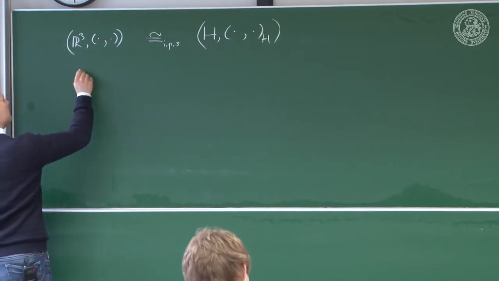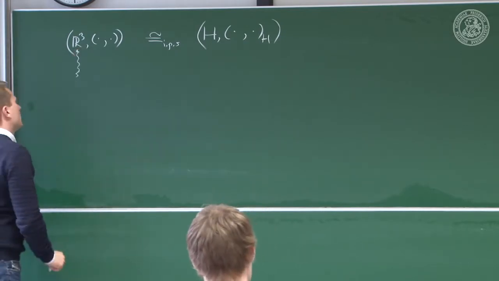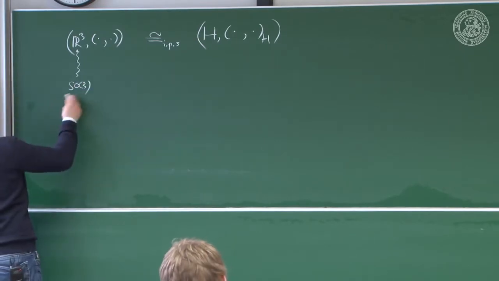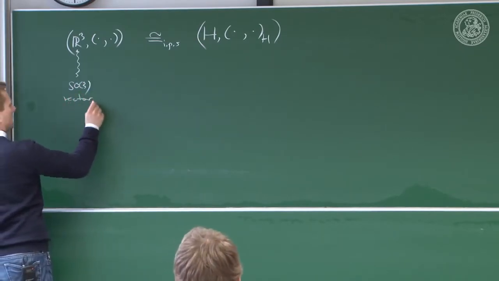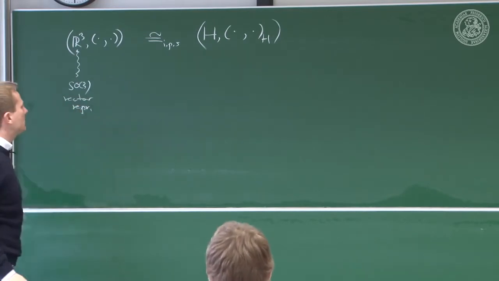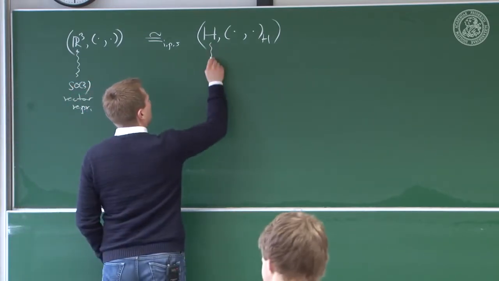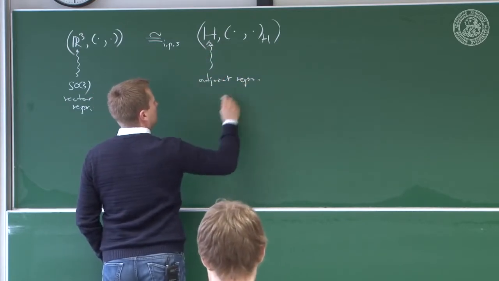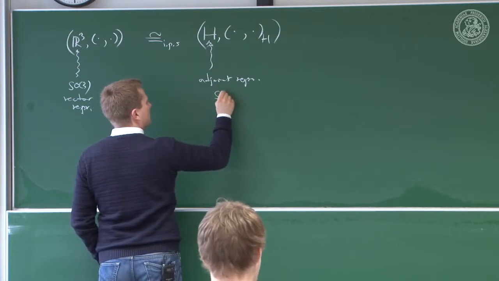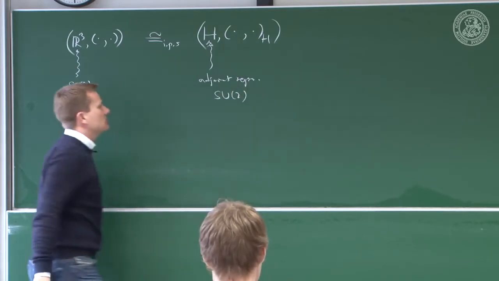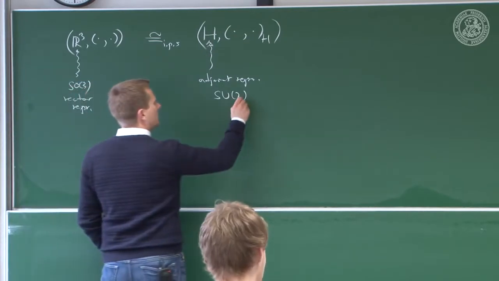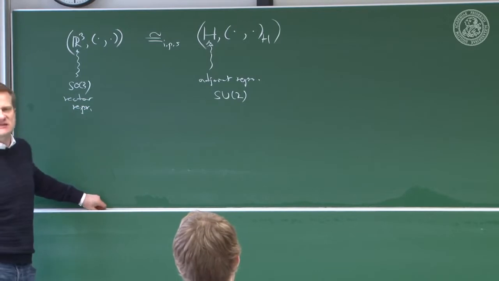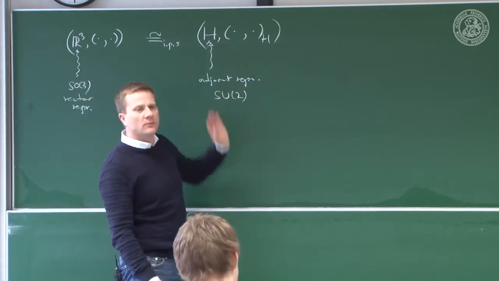And we know that the defining representation of SO3, so the vector representation, or the defining representation as we called it, acts on R3, and we know that the adjoint representation of SU2 acts on H. Well, it must, because H is the Lie algebra of SU2, and the adjoint representation is precisely this. It's the action of the group on its own algebra.